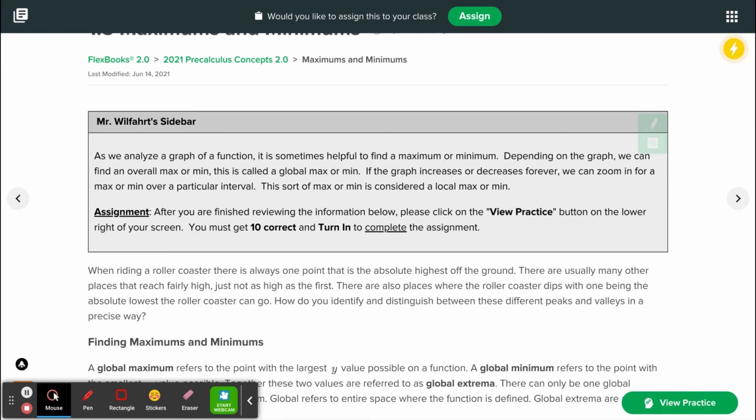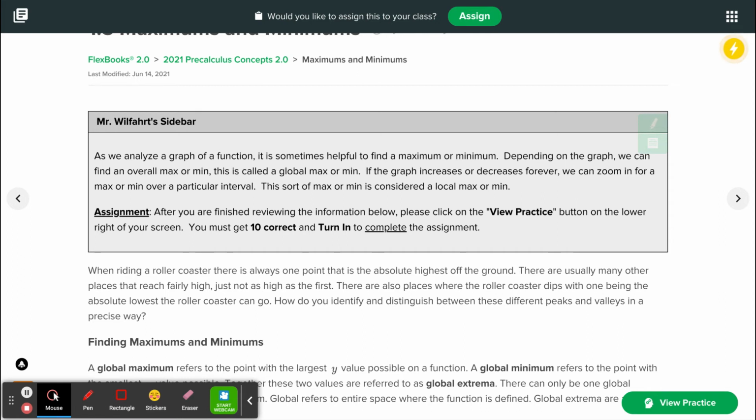Depending upon what type of function you have and what type of graph it creates, we can talk about a maximum or a minimum. And we can look at it in really two ways. We can look at the big picture and find a maximum over the whole graph or a minimum over the whole graph.